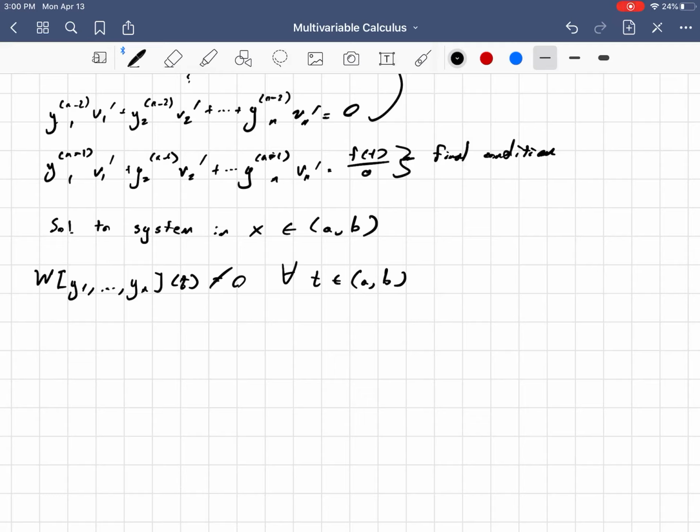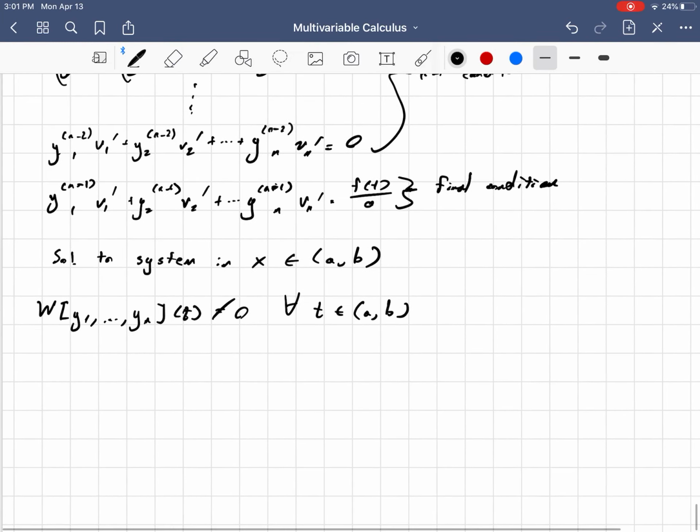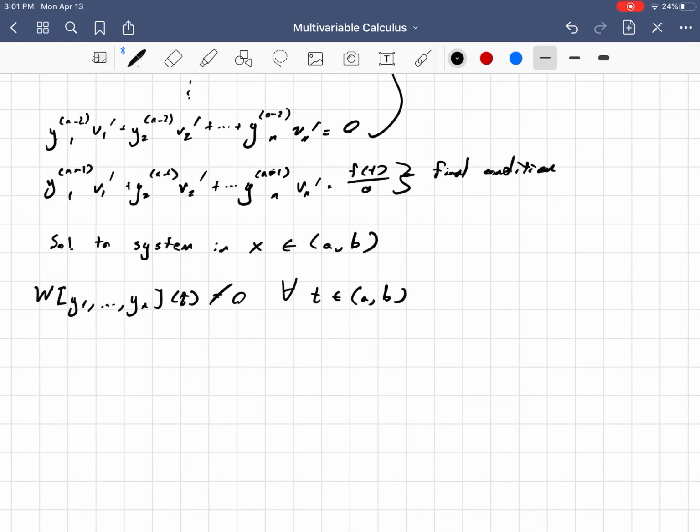The necessary condition for the solution to the system is that the determinant of the Wronskian, made up of the coefficients of v sub 1 prime to v sub n prime, in other words, the y sub 1 up to y sub n, and I'm not doing a good job here, but everything in front of a v sub n prime can't be 0.